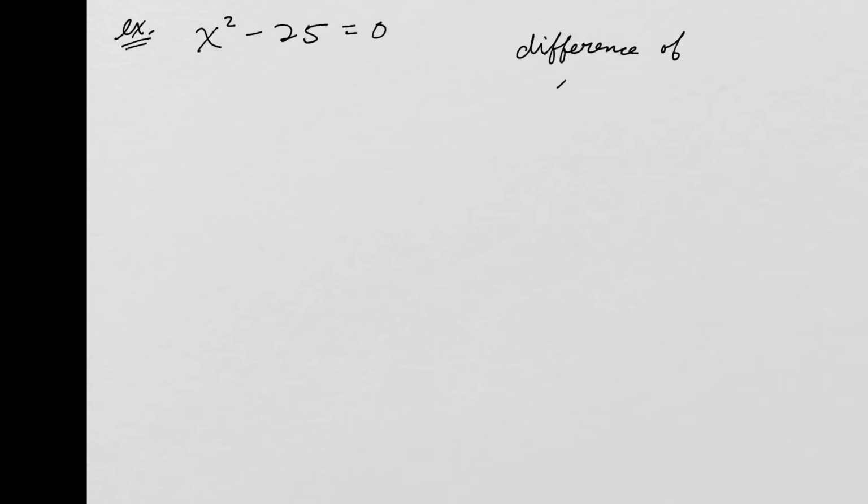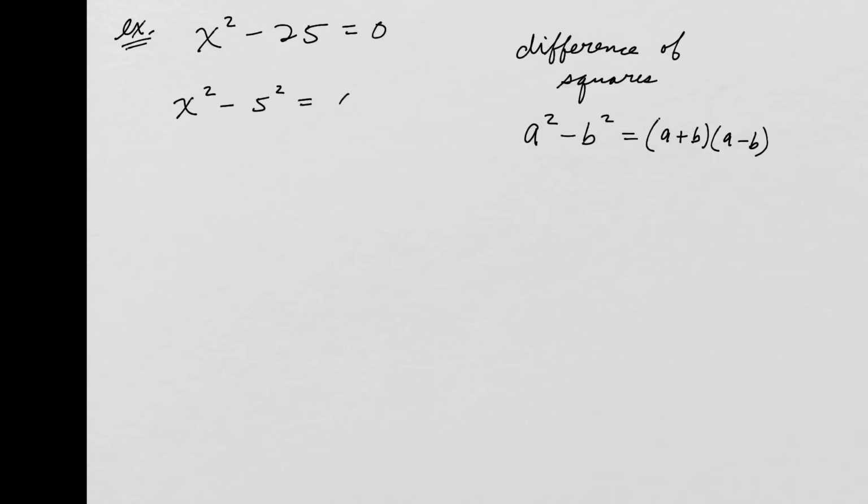Difference of squares. And what it says is if you have a squared minus b squared, this factors into a plus b times a minus b. Okay, so really on the left-hand side here, you can think of this as x squared minus 5 squared.